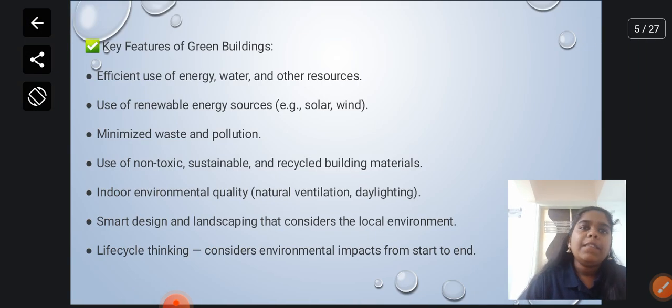Key features of a green building: efficient usage of energy, water, and other resources; usage of renewable energy like solar energy, wind energy, hydro energy; minimized waste and pollution; use of non-toxic, sustainable, and recycled building materials; indoor environmental quality like natural ventilation, daylighting, etc.; smart design and landscape that considers the local environment; life cycle thinking from cradle to grave analysis, etc.